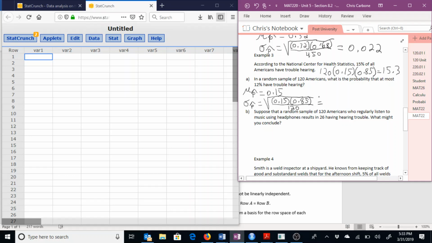So throwing that into a calculator very quickly is going to give us a value of 0.0326.